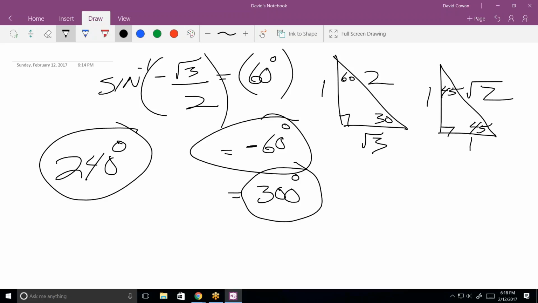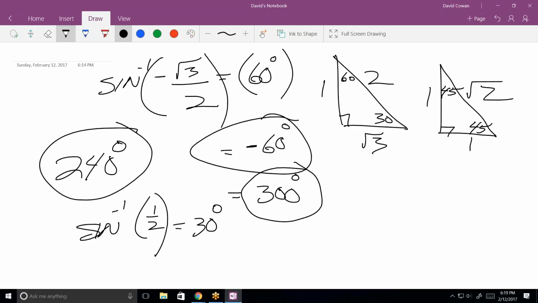Right. It's going to give you either the first or the fourth quadrant, and that's it. It will not give you a second quadrant answer for a positive angle. In other words, if I said inverse sine of 1/2, it's going to give you 30 degrees.